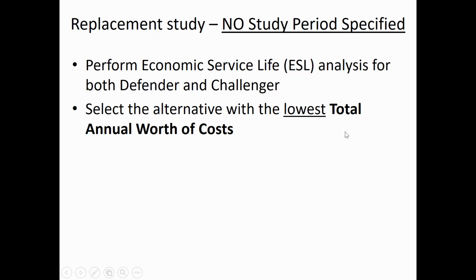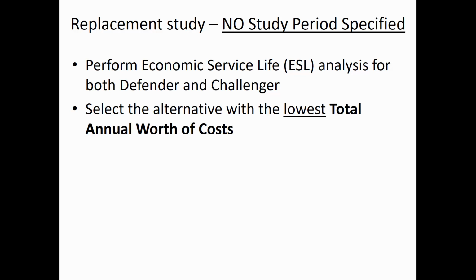And that's a phrase that I've repeated several times this semester: you have to know for every analysis technique, what's the decision criteria. So for instance, in present worth analysis, you'd pick the alternative that has the highest present worth. For external rate of return analysis, you'd choose the alternative that has the highest external rate of return.